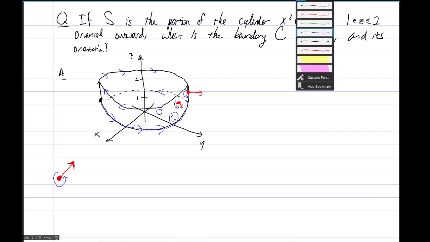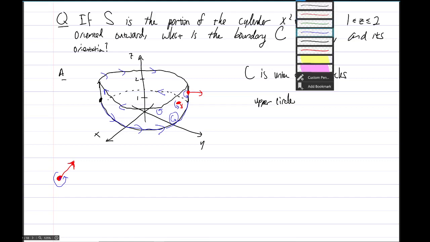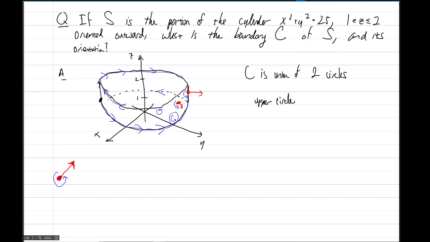So what does C consist of? C is two circles, really the union of two circles. There's an upper circle, let's highlight that in blue, and it's oriented like this. And then there's a lower circle.